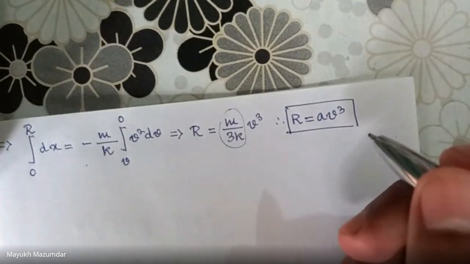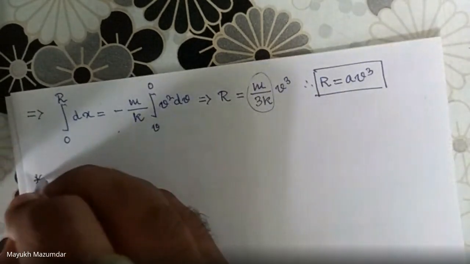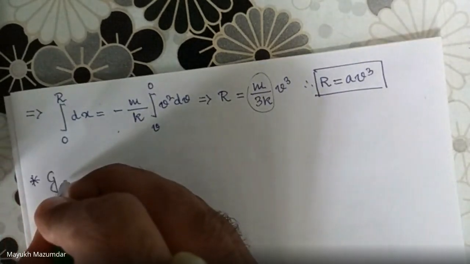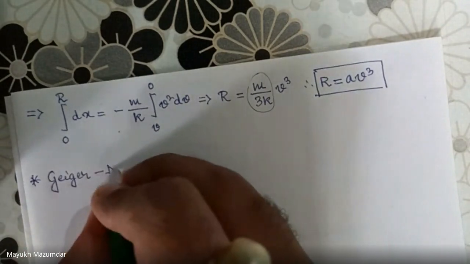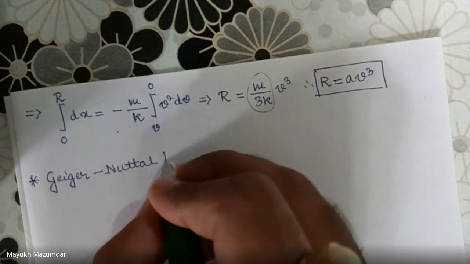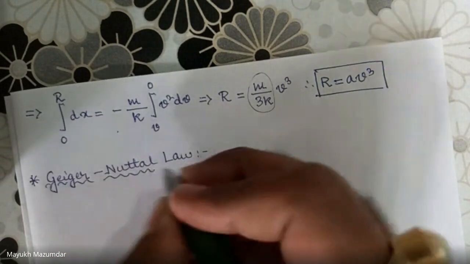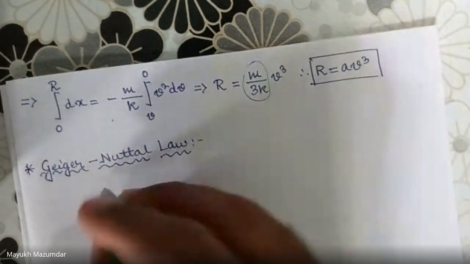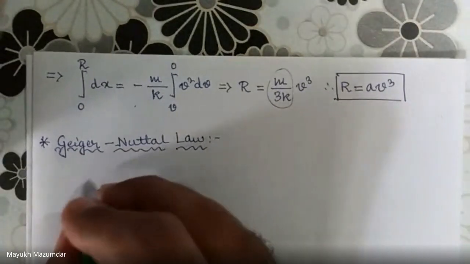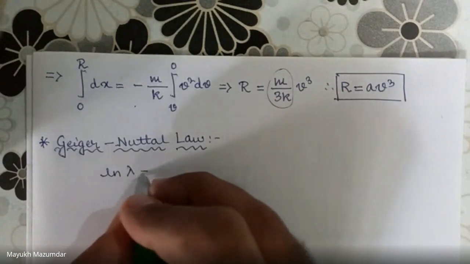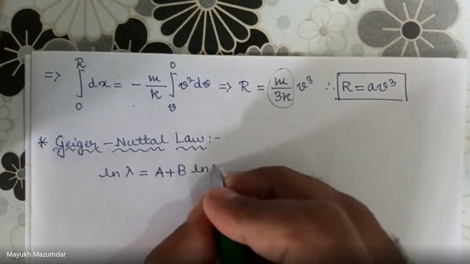Okay, and there is another law. This will be the last thing we discuss today. That is regarding the decay constant of the alpha emitter. It's the Geiger-Nuttall law. So the decay constant lambda is related with the range as ln lambda equals a plus b ln r.